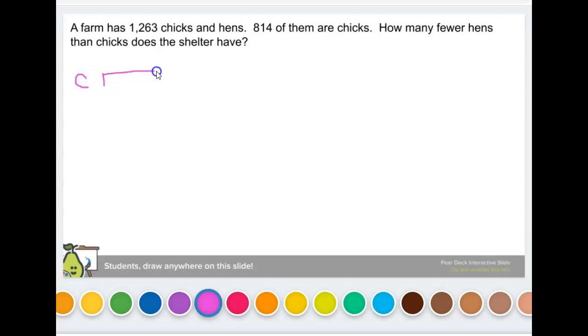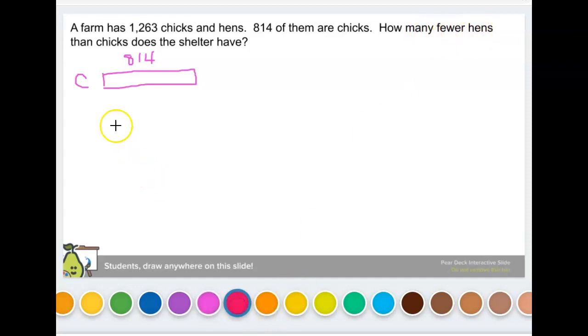Okay, so what it says, we have 814 chicks. It says we also have hens, but there are fewer hens.